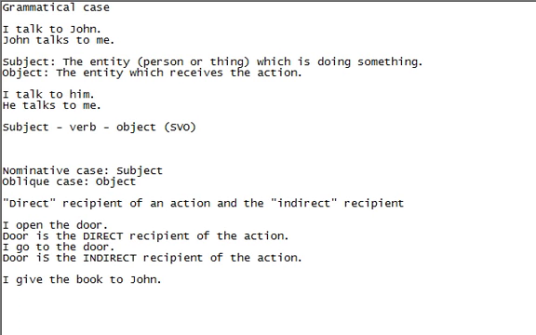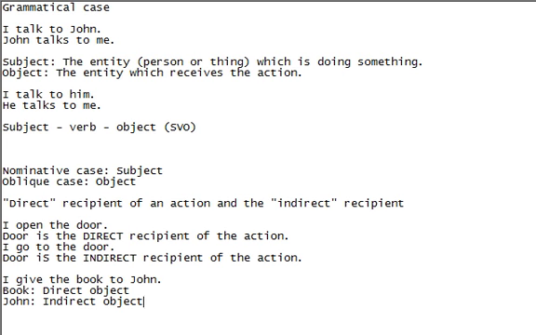I am giving the book to John, and so that makes John the indirect recipient of the action. It's a little bit tricky, isn't it? It might not seem intuitive at first, but in this case, the book is the direct object, and John is the indirect object.